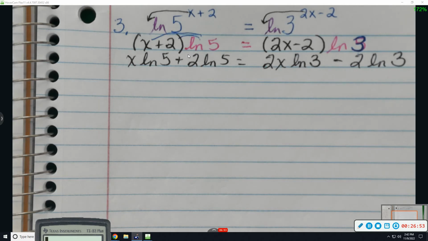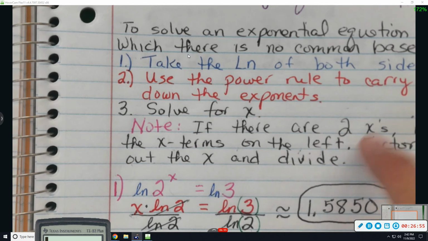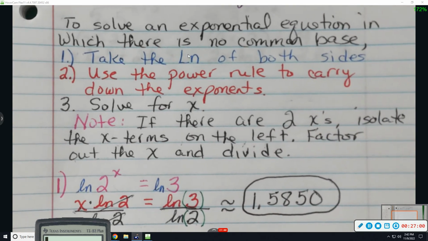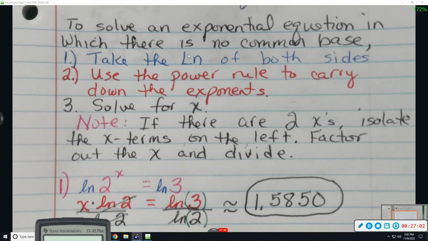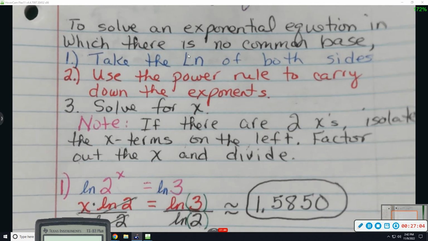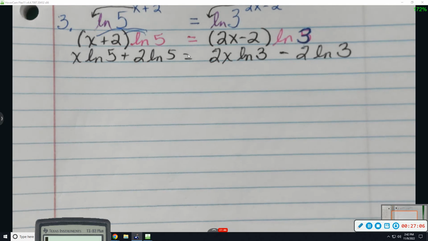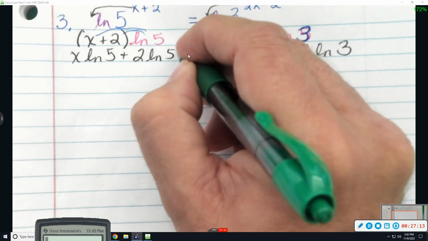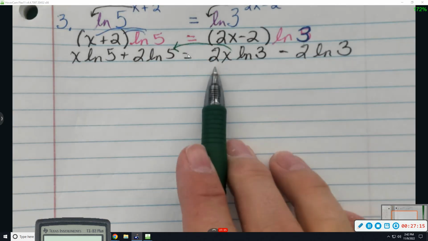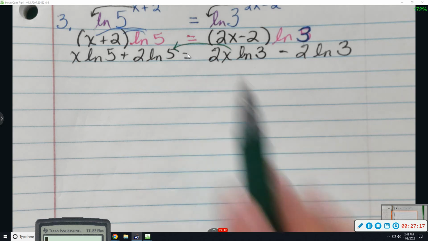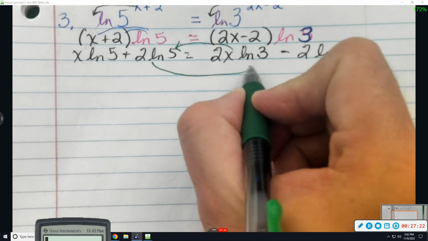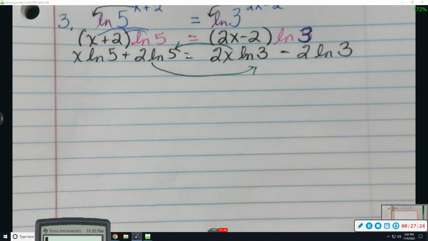Now, since there's two different x values, we're going to need to isolate the x terms on the left, factor out the x, and divide. So, let me see. How am I going to move this stuff around? I'm going to move this 2x ln 3 to the left, so that's going to make it a minus 2. And over here, the 2 ln 5, I'm moving to the right, so it'll be a minus 2.